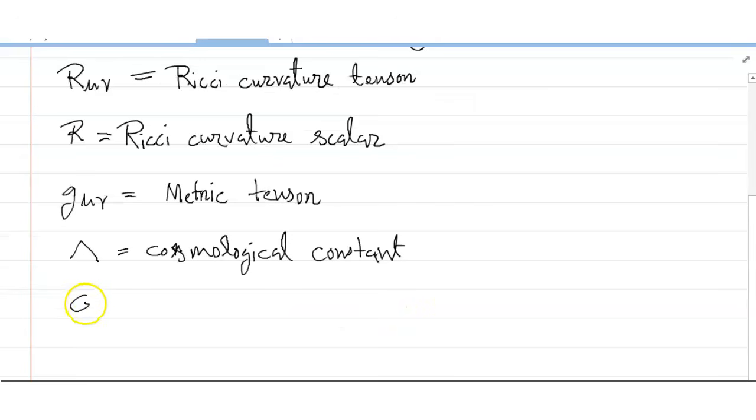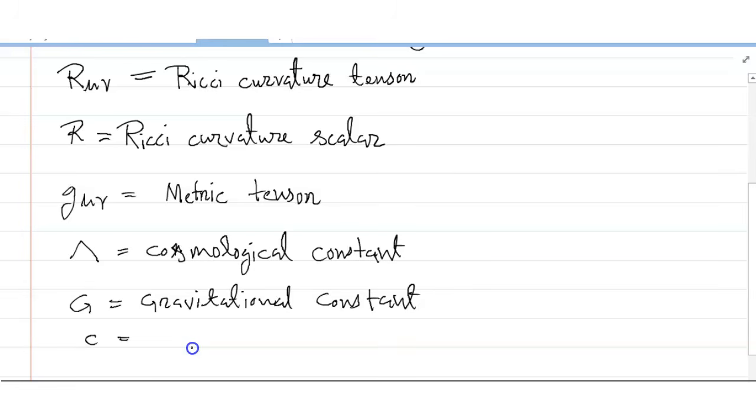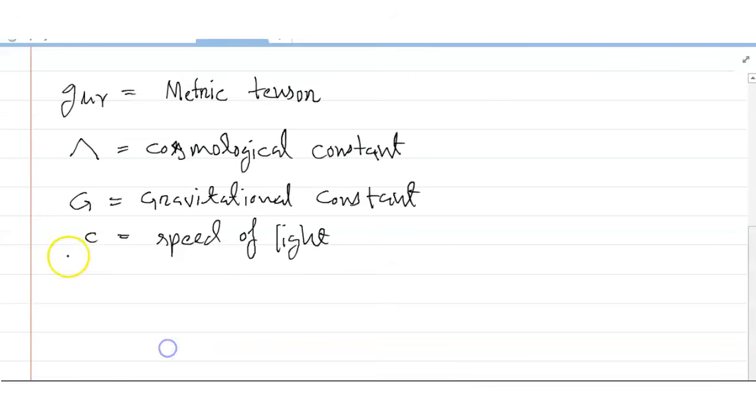Capital G equals the gravitational constant. Small c is equal to the speed of light, and capital T mu nu is equal to the stress energy momentum tensor.